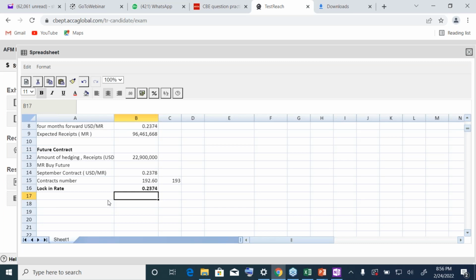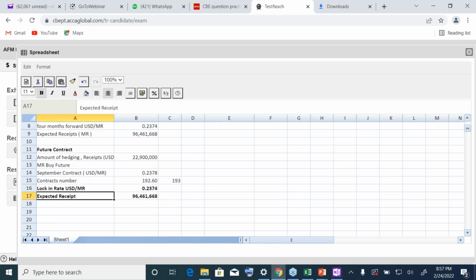If it was a normal question, you simply calculate the expected receipt in this way, by dividing 22.9 million with this rate. But here, the question will be solved in a slightly different way because the examiner has asked to take care of underhedge overhedge amount.